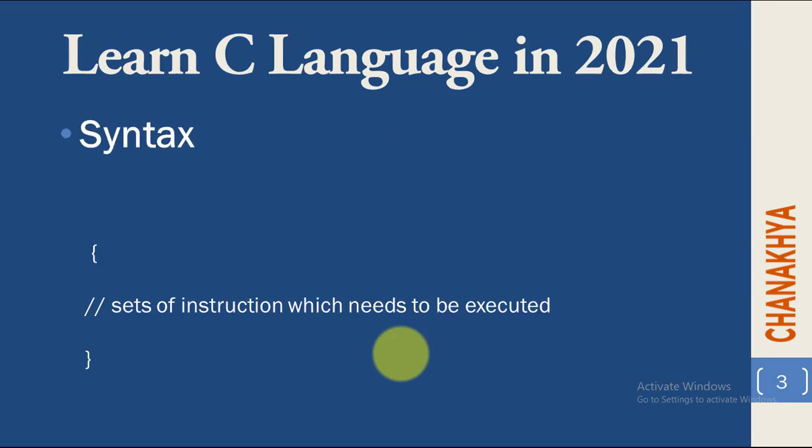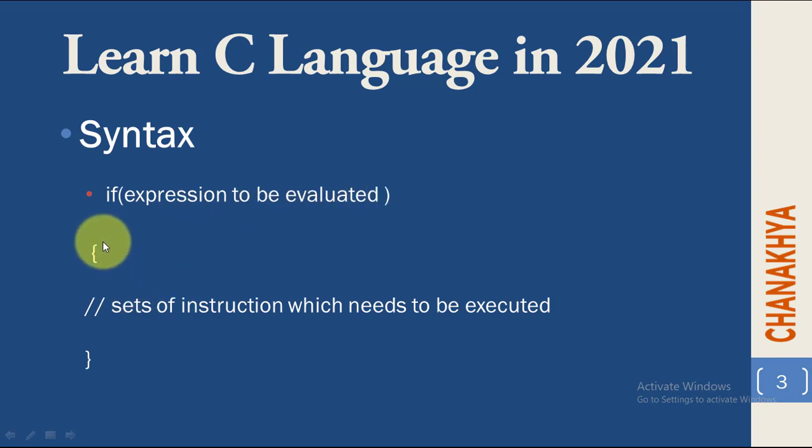Here we have to understand the syntax of the if statement. We write if, then in parentheses we write the expression that we want to evaluate. After that, within curly brackets, which is called the body of the if, we write the set of instructions that need to be executed when the expression is evaluated.